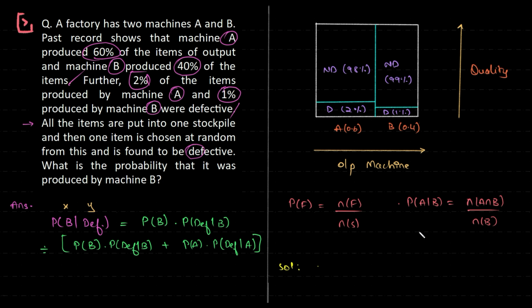So yeah, okay, B is 0.4 of the time, and we have this to be 1%, right? It being defective, that is divided by 0.004 plus this is 0.6, the probability that the product is from machine A, and it being defective is 0.02.